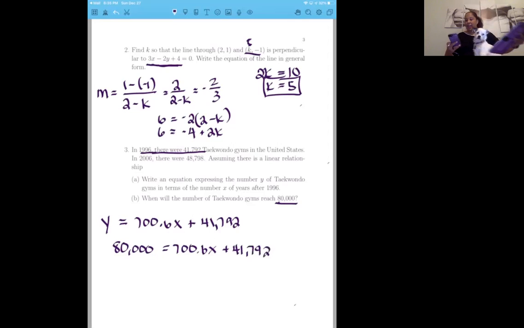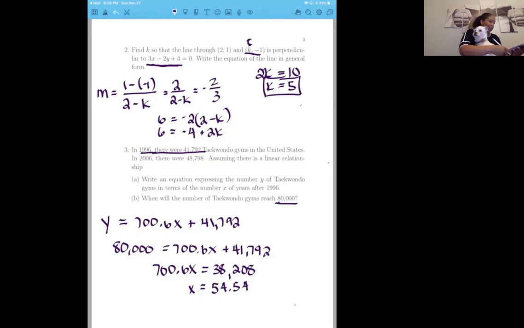So I'm going to take 80,000 and subtract 41,792. And that gives me 700.6x equals 38,208. And let's divide by 700.6. So I'm getting 54.54.